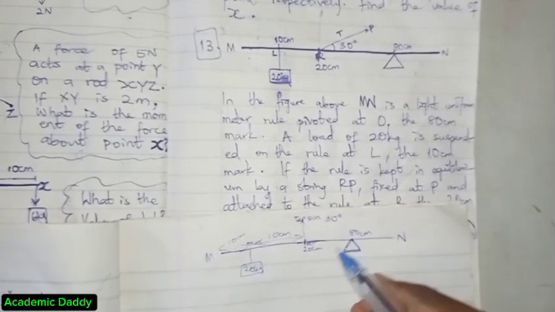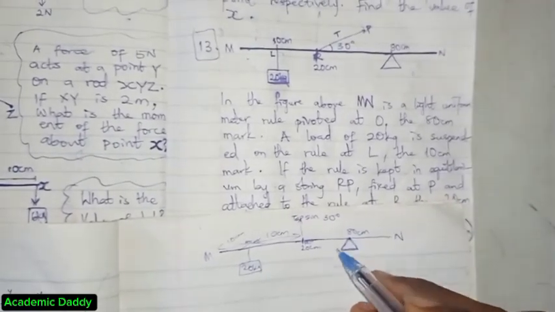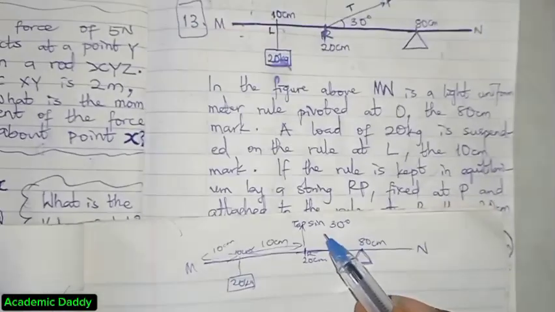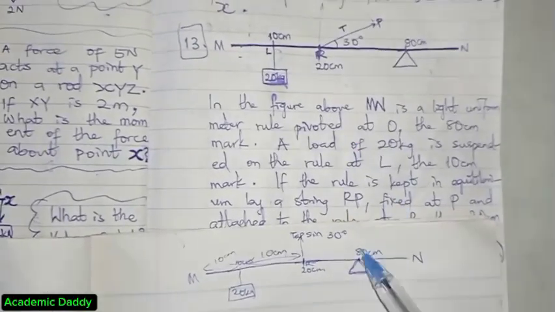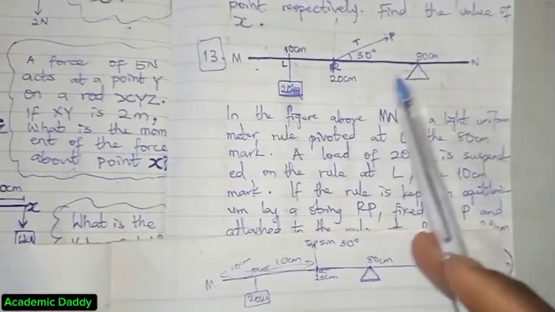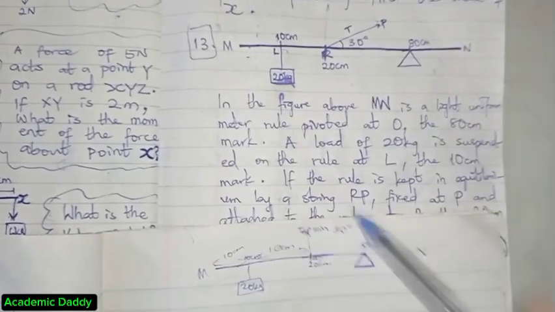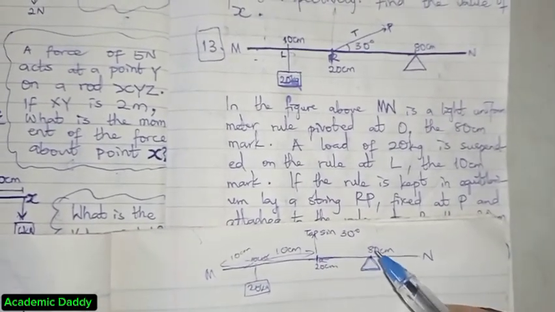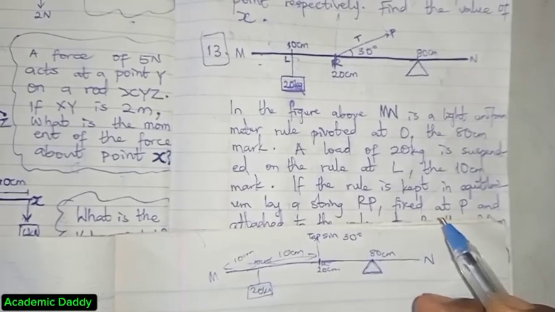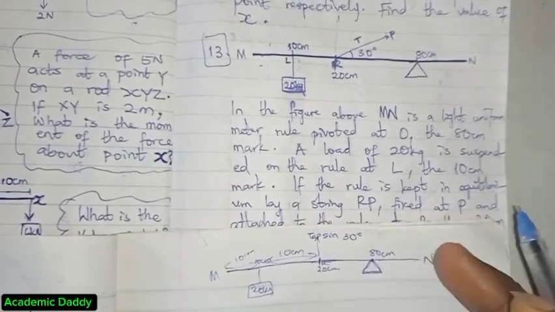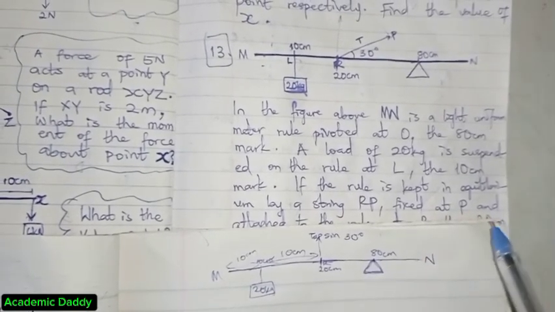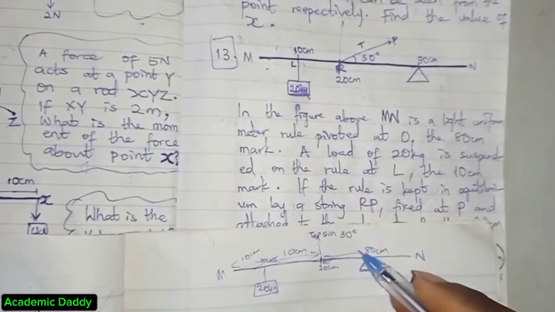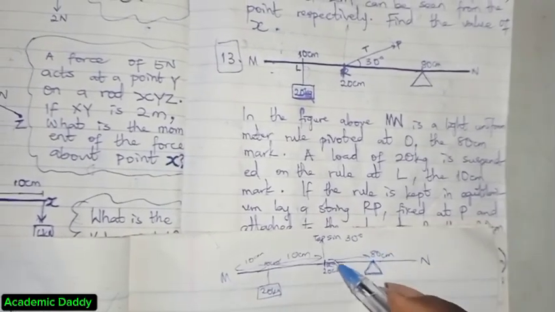So if this is 80, you know it's drawing, and I've resolved this force to the y component. So if this is 80 cm, it simply means that from 20 to 80 should be 30, 40, that's 20 to 30, to 40, to 50, to 60, to 70, then to 80.